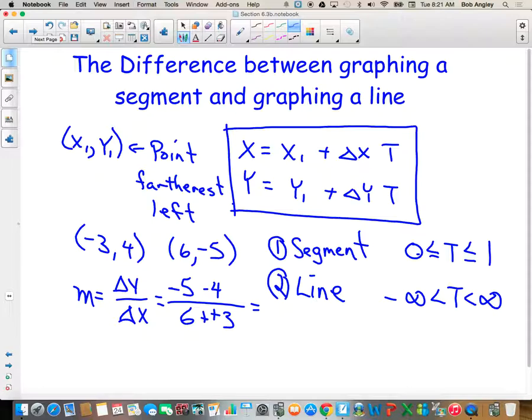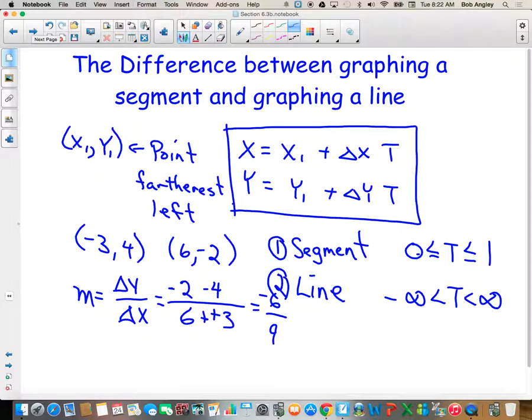Wait a minute. Let me go back to what I had, because then I shouldn't be getting it. My fault. It's not too good when you can't subtract and get the right value here. Okay, so I'm sorry, it's negative 6 over 9, right?